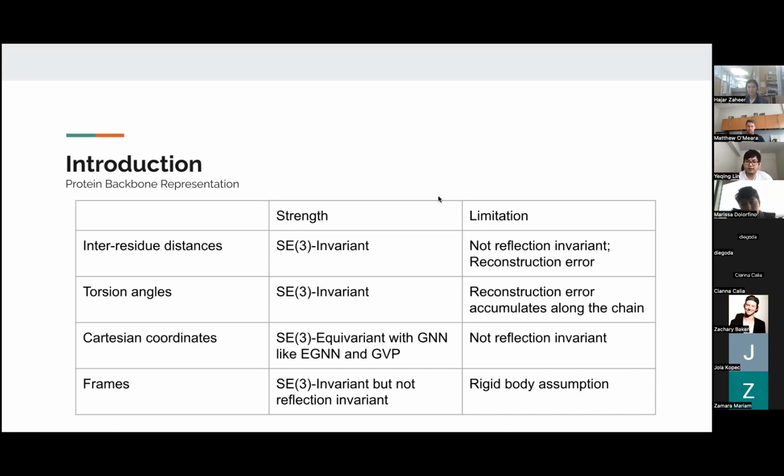One limitation is that if you just consider coordinates using a graph neural network, it's not actually reflection invariant, but this depends on how you implement your graph neural network.